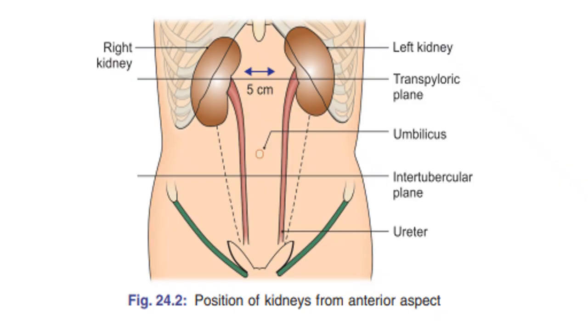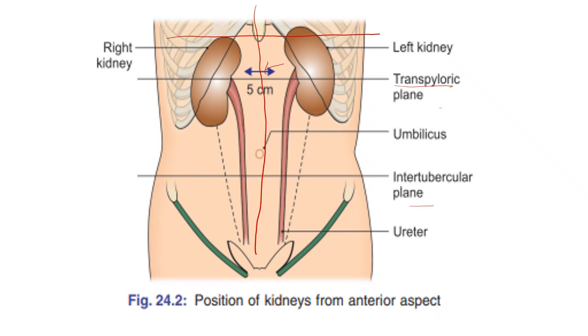Here you can see the right kidney, if we pass a plane here, is a little bit lower than the left kidney, and the left kidney is close to the midline structure. The approximate distance between the two kidneys is 5 centimeters.